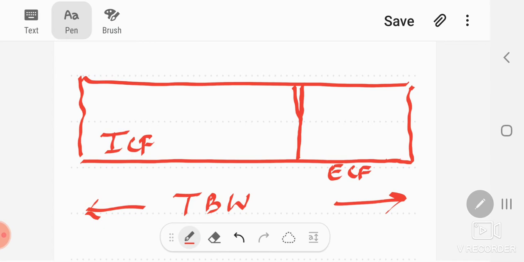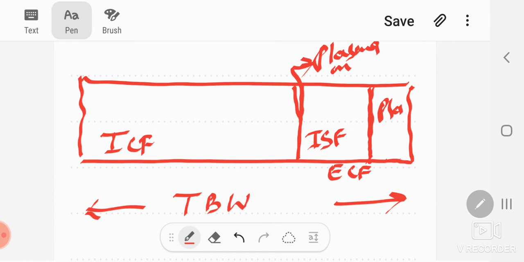In extracellular fluid there is interstitial fluid and plasma or blood, and plasma is separated from interstitial fluid by the capillary membrane. So this is the plasma membrane and this here is the capillary membrane.